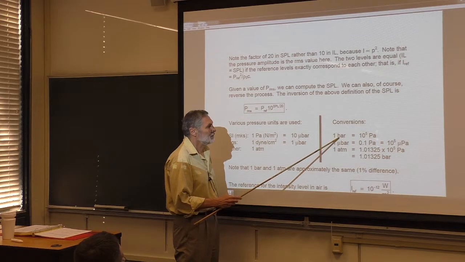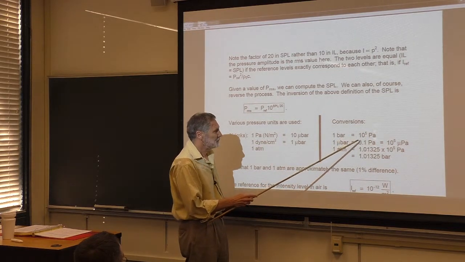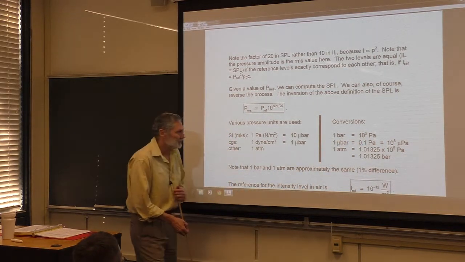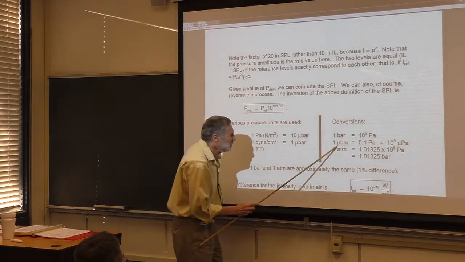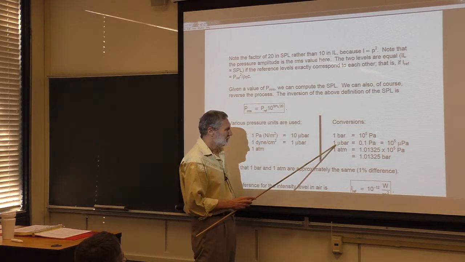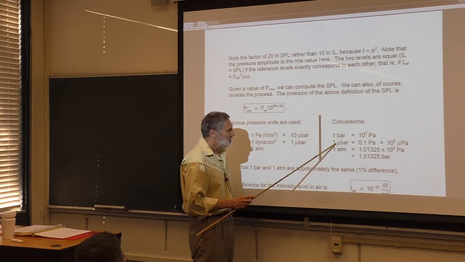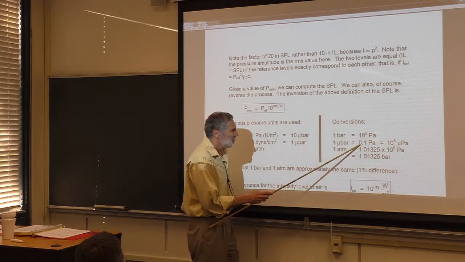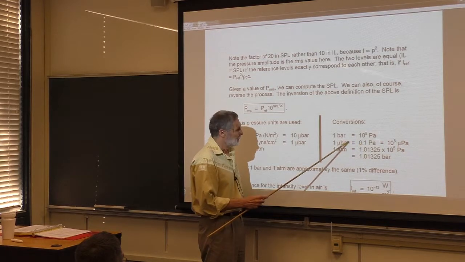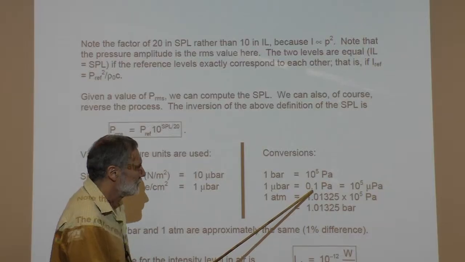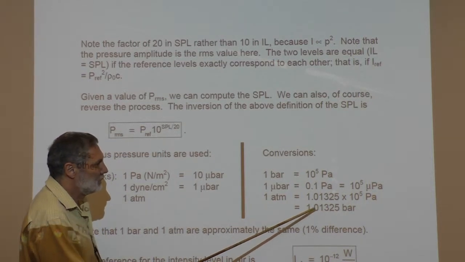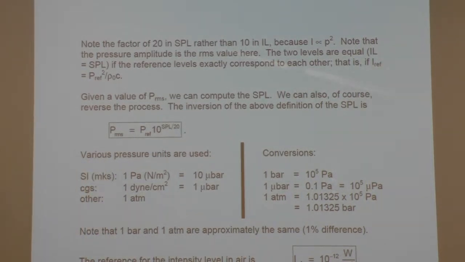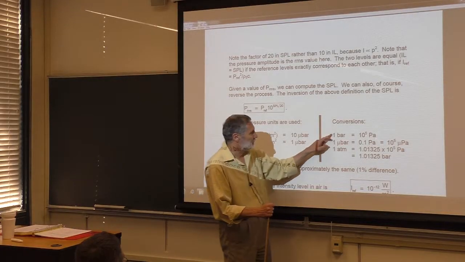It's a convenient unit because atmospheric pressure is about 10 to the 5th Pascal. A microbar, we'll be dealing with this a fair amount, is 1/10 of a Pascal. An atmosphere is a little bit more than a bar, only about 1% more, so an atmosphere and a bar are roughly the same. But if you're doing precision work, you want to make sure you distinguish between the two.